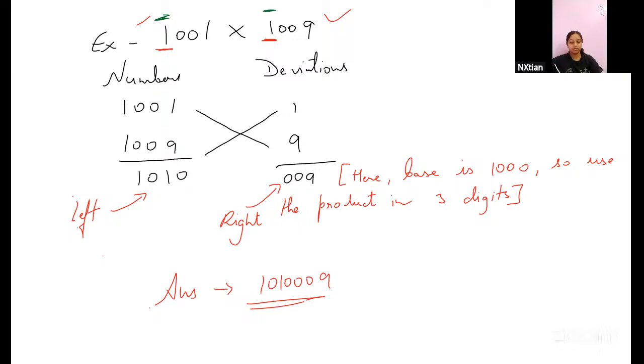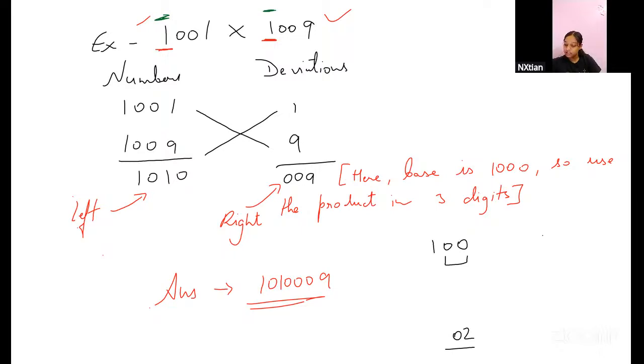Ma'am, so the number of zeros the number has, that many you have to add if the product is coming as the same number? Yes. See, 100 is there. If my deviation product is coming 2, and you have that many zeros, you have that many digits in the product of deviation. So deviation product is coming 2, so I'll add 1 zero.